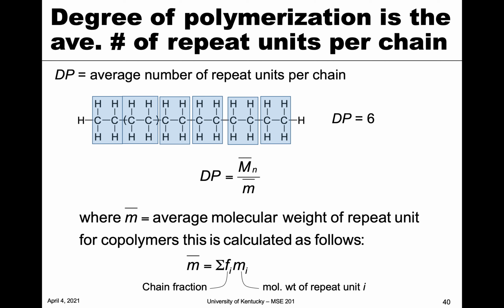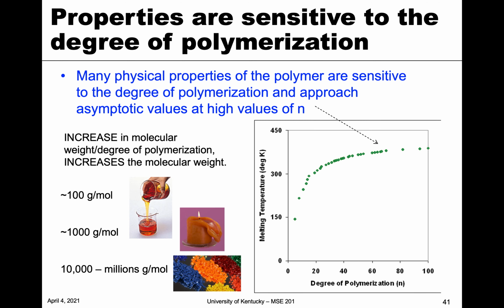Okay, so that's what degree of polymerization is, and the reason we want to talk about that and the average molecular weight is because both of these characteristics impact the properties that a polymer has.